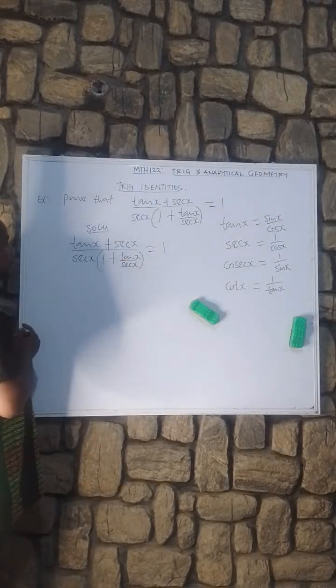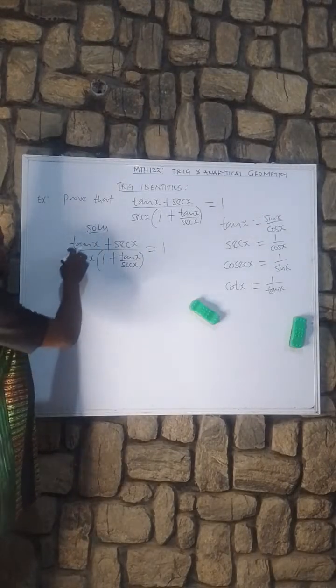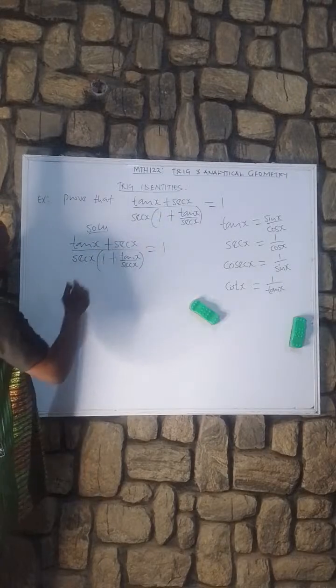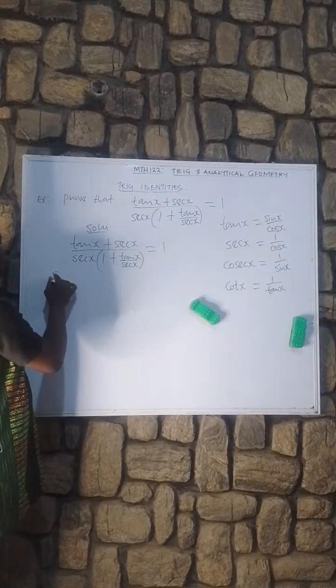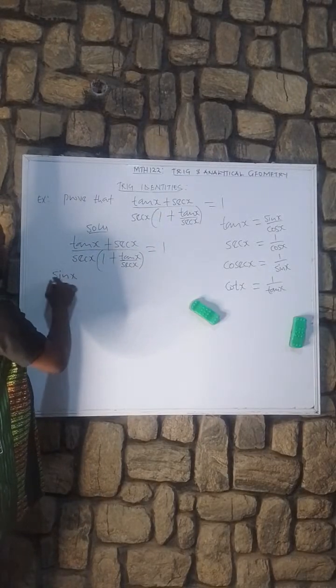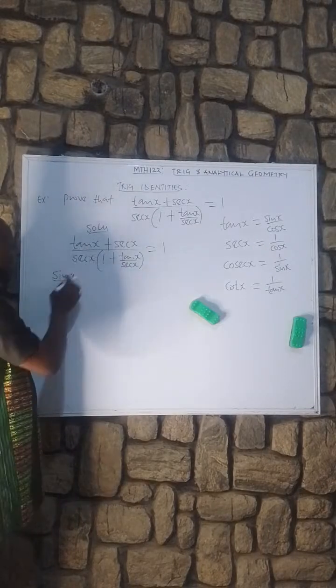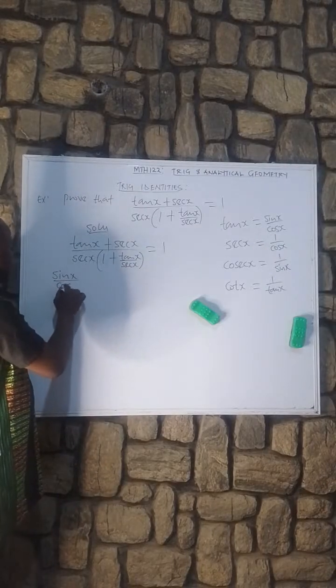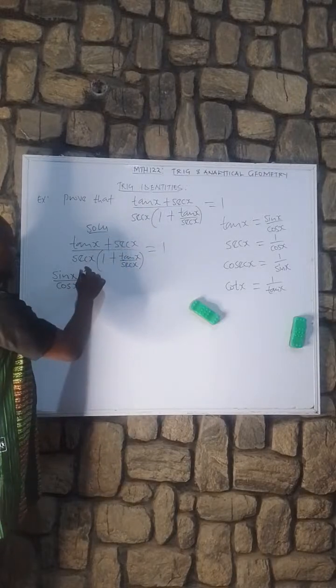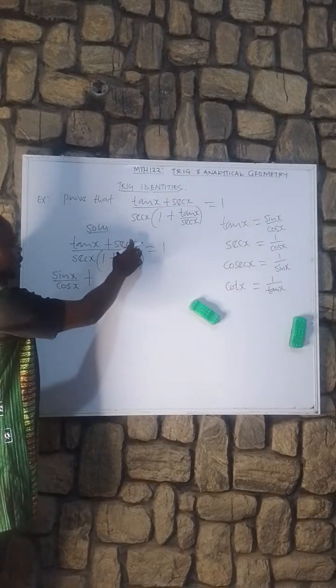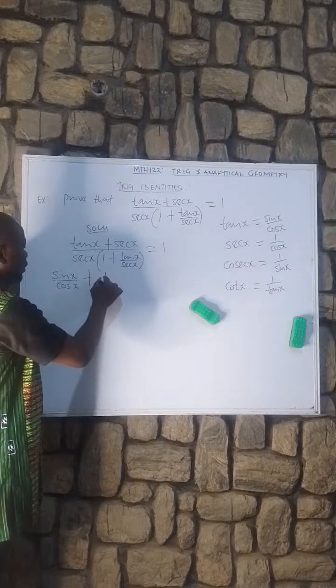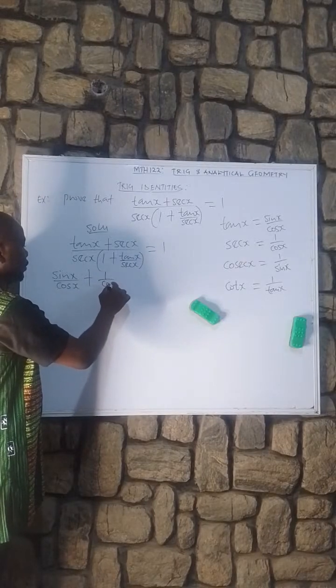So what we need to do: note that tan x is sin x all over cos x. Instead of tan x, we write sin x all over cos x. Then plus, instead of sec x, we write 1 all over cos x.